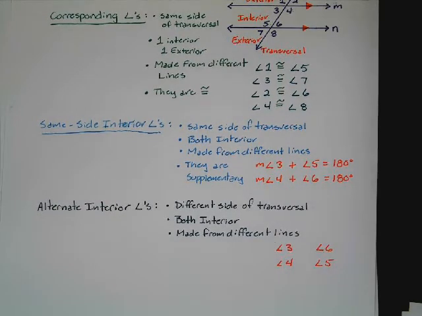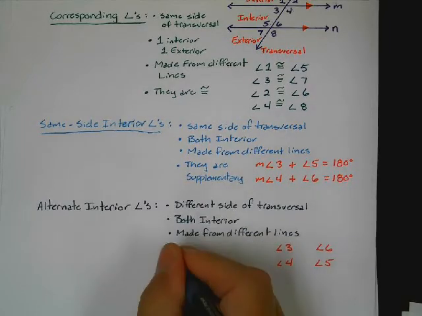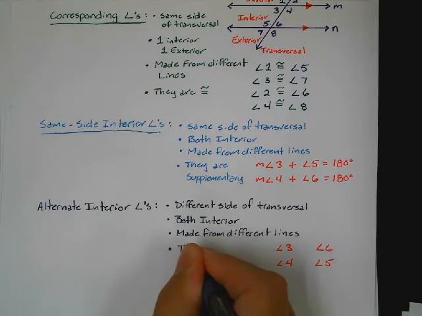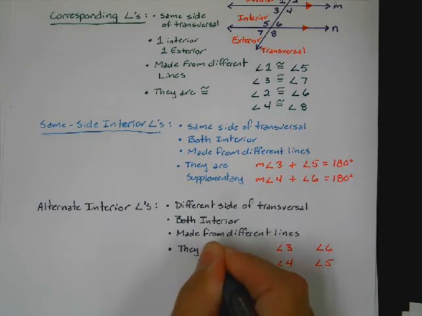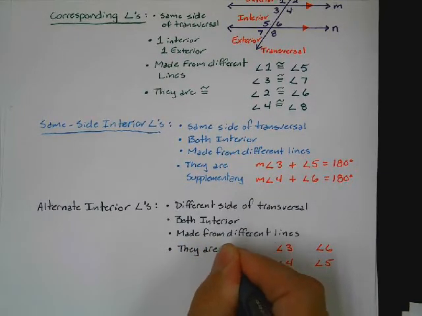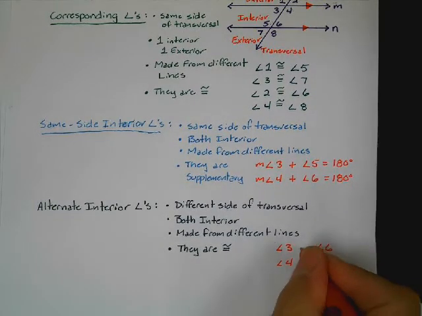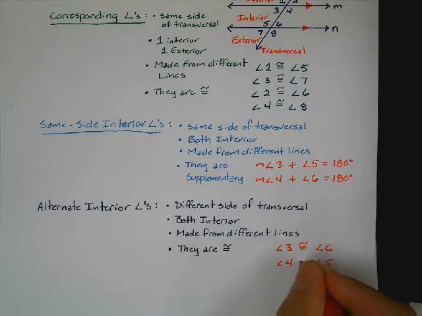Okay, the thing that we know about alternate interior angles is they are congruent. They're the same measurement. So I can say that angle 3 is congruent to angle 6, and angle 4 is congruent to angle 5.